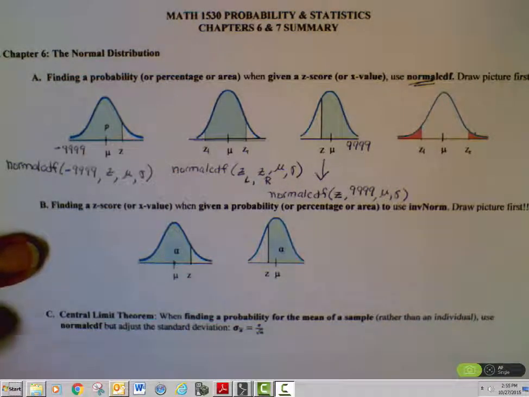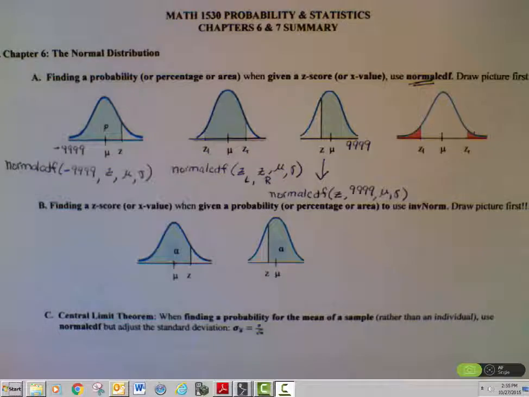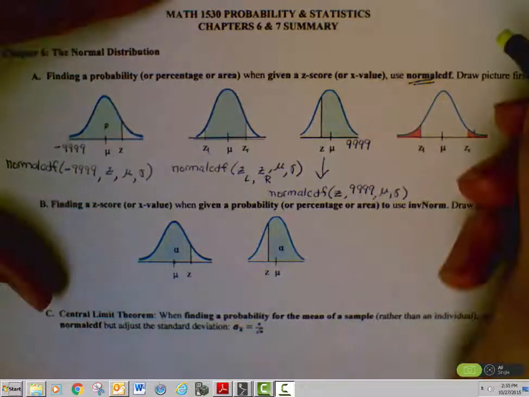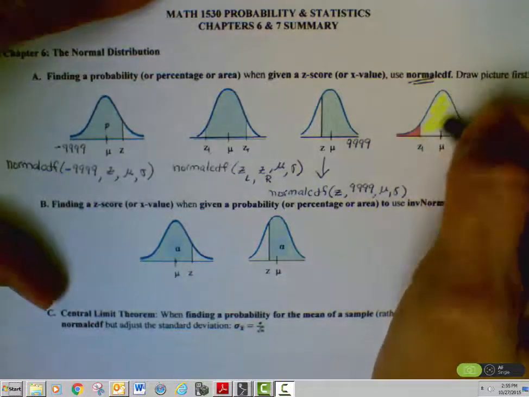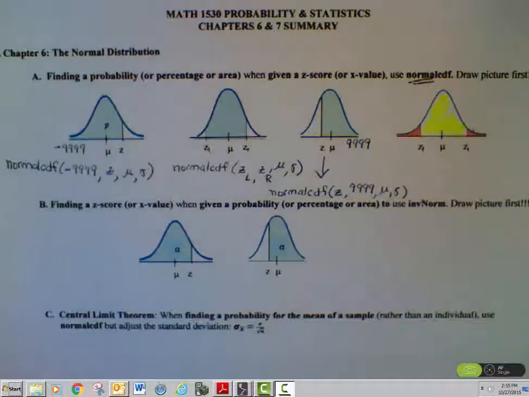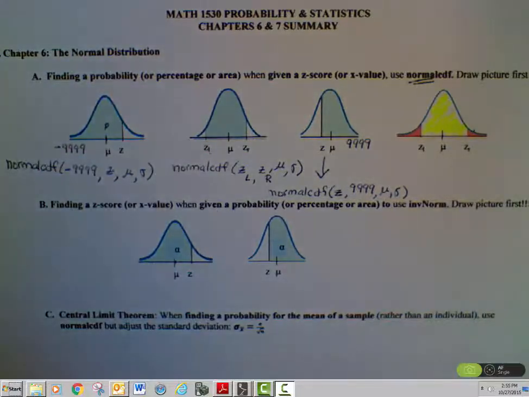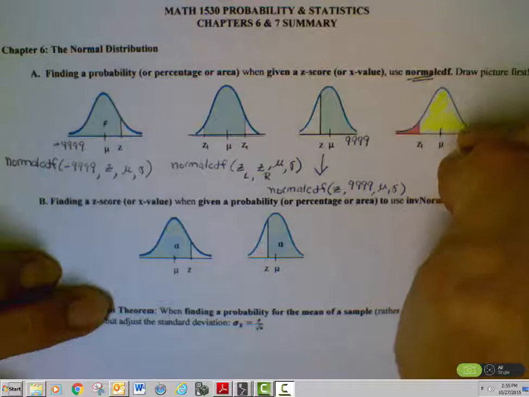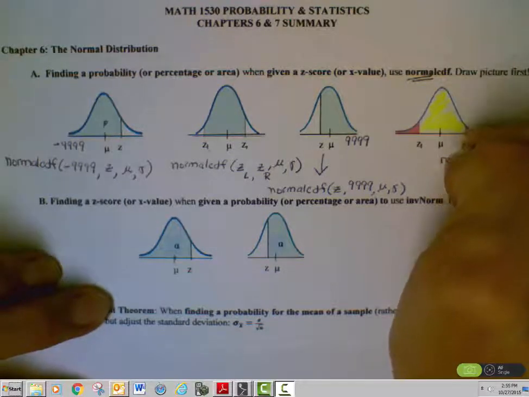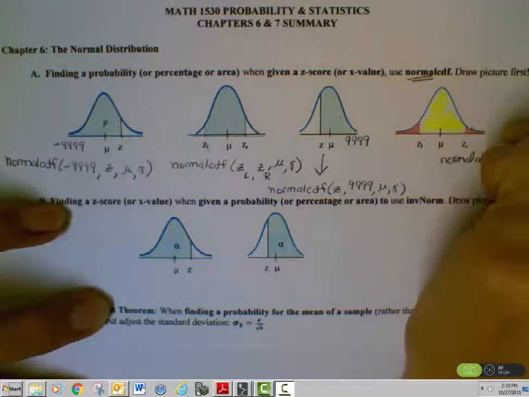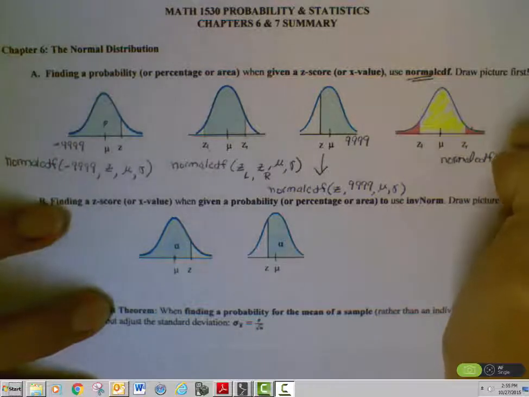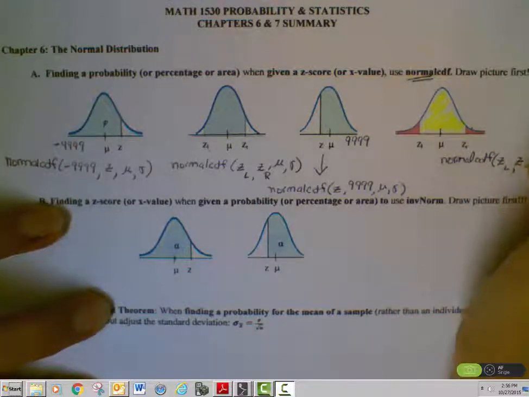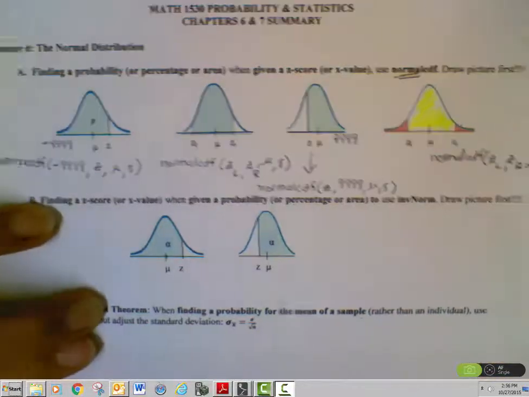But I think it would be easiest if you recognize that what I'm highlighting in yellow is the complement of what was already highlighted on the ends. Then I would find the area in the middle, normal CDF, from the left z-score to the right z-score, and the mean and the standard deviation.